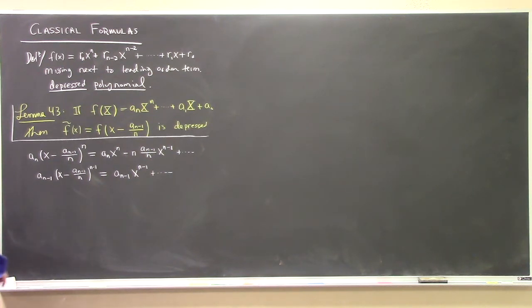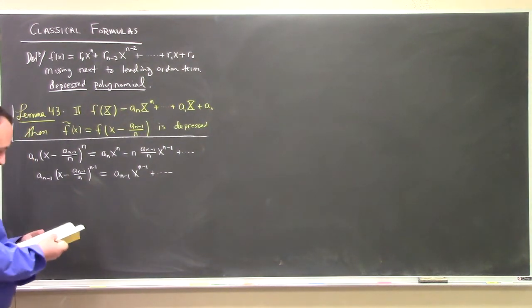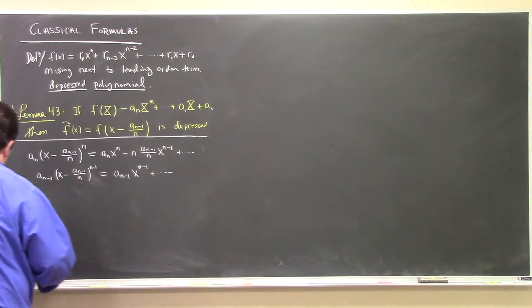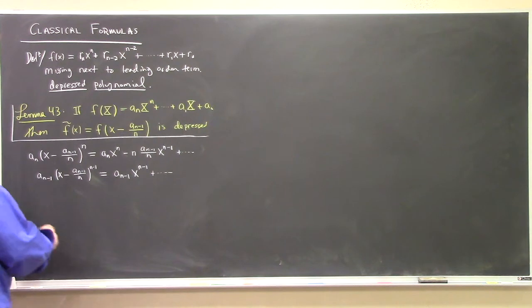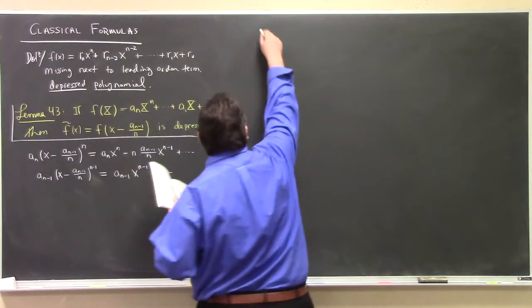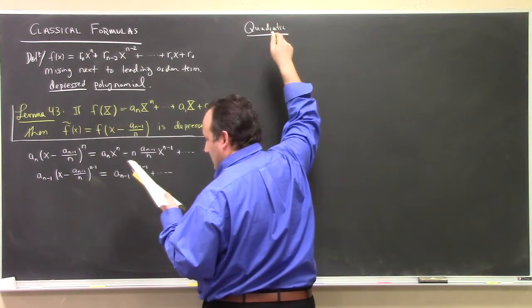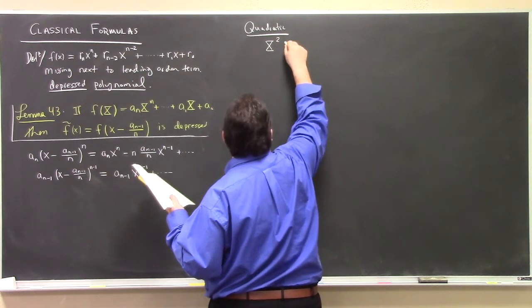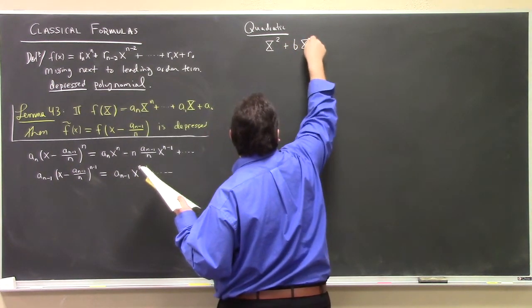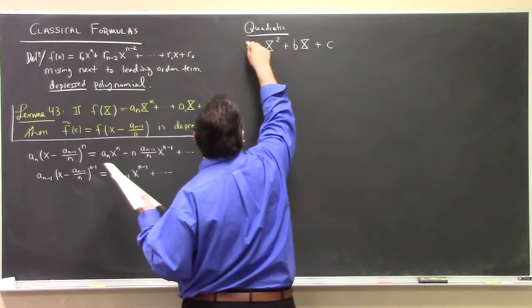Okay. So what I'm going to instead do is talk about quadratic. What does this trick look like for the quadratic case? So quadratic, you have big X squared plus bx plus c, right? Here's my f of x.